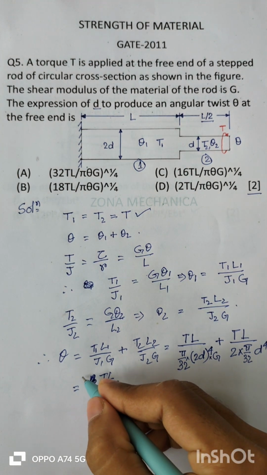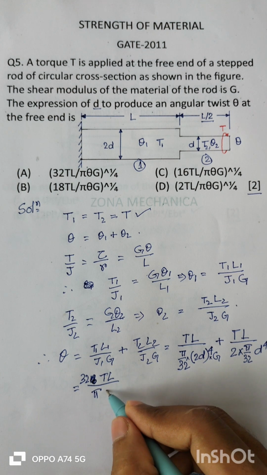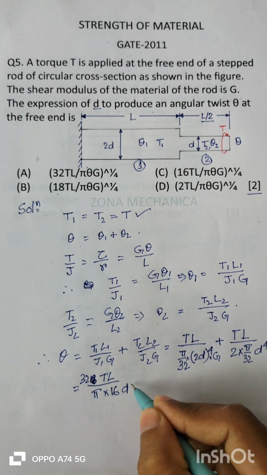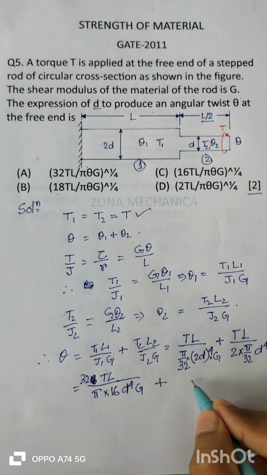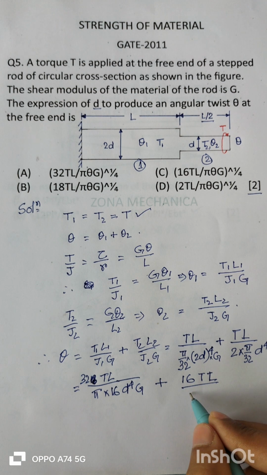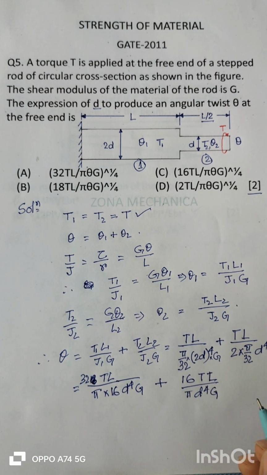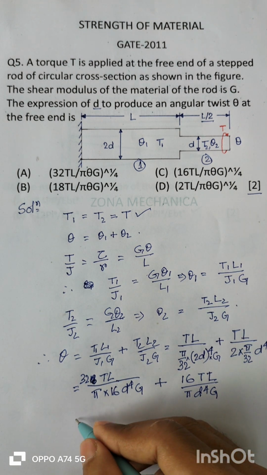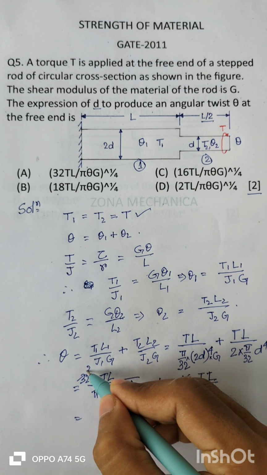Here we get 32 TL by pi into 16 D to the power 4 into G, plus here 16 TL by pi D to the power 4 into G. So 16 and 32 will give 2.